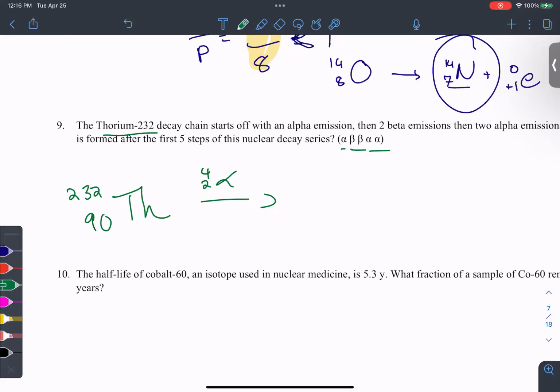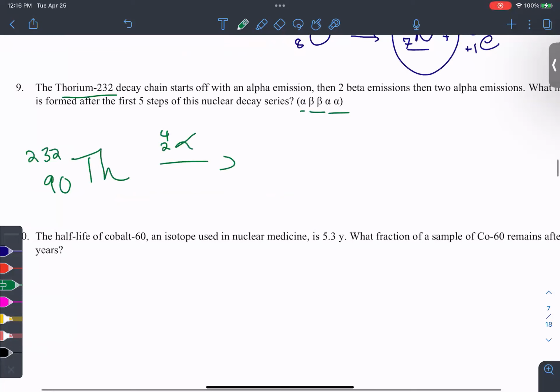You just have to sum up all of these separate steps to see what you actually get at the end. If we do an alpha decay of thorium, we make 88 and 228. I technically don't need to get what element it is. I can just move on to what if beta emission happens then.